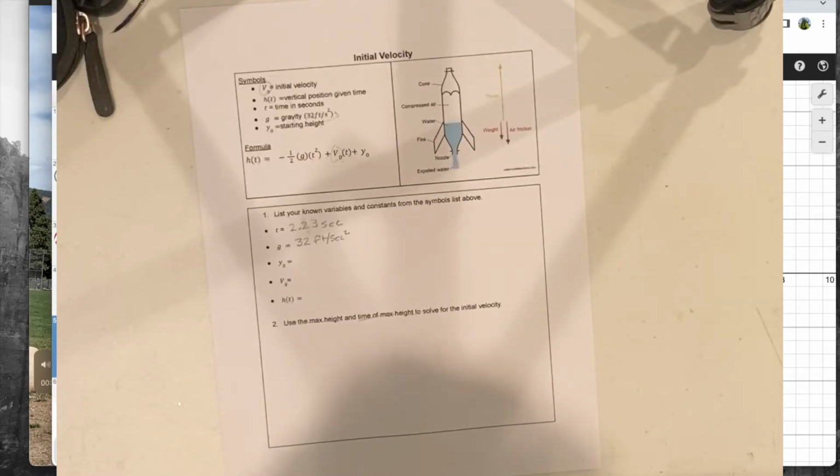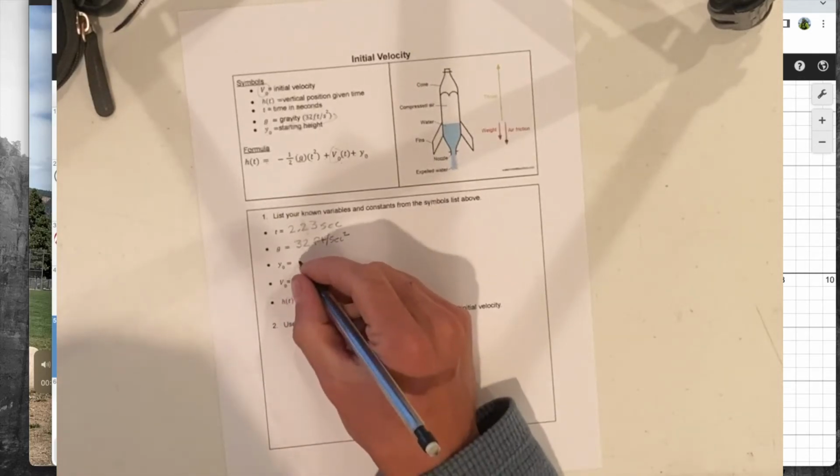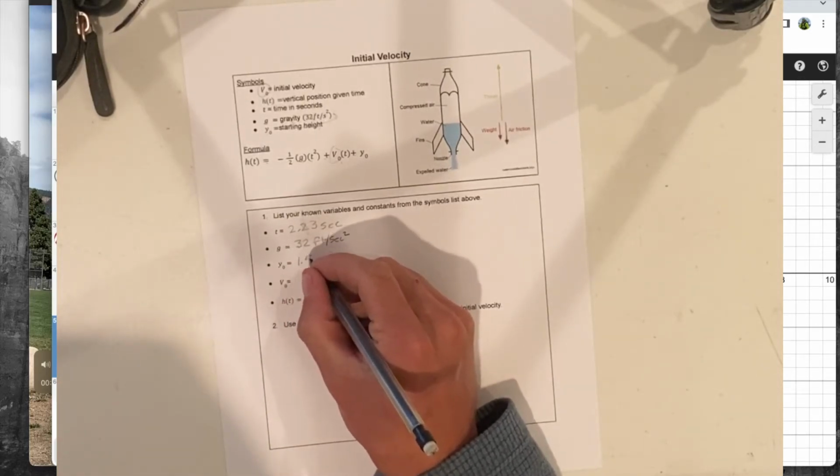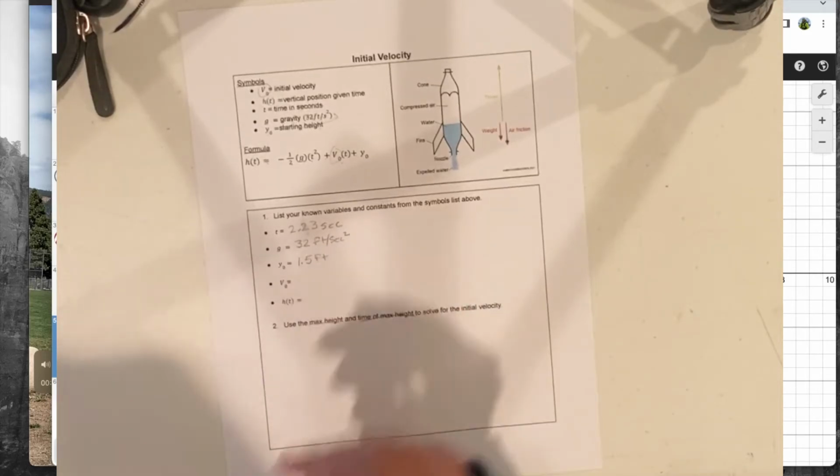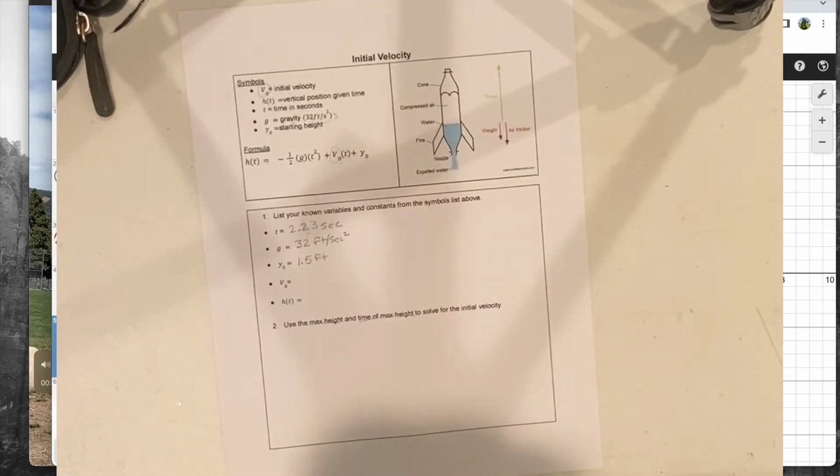Y naught is the height of the launcher, and that may differ from what launcher you decide to use for your rocket. We have two different versions, but the height of the launcher that I'm going to use in this example is going to be 1.5 feet tall. That's the height of the launcher.